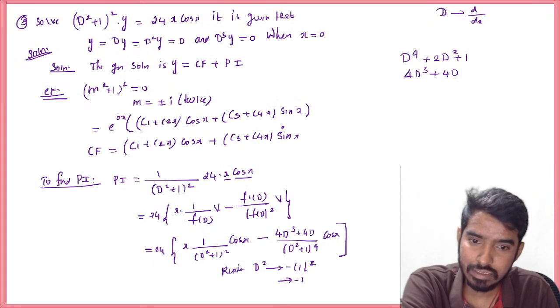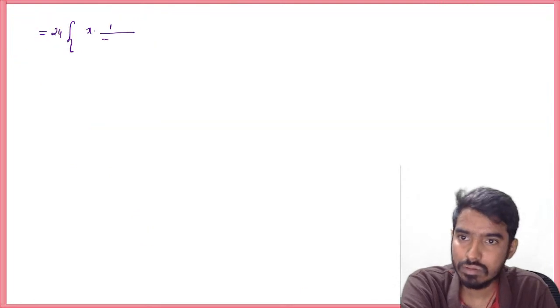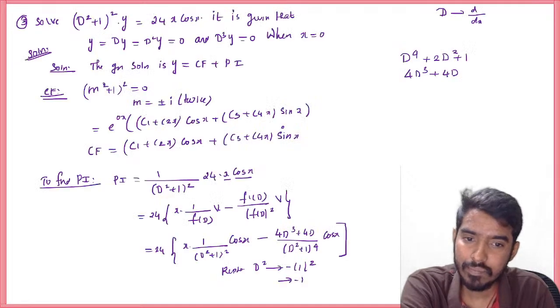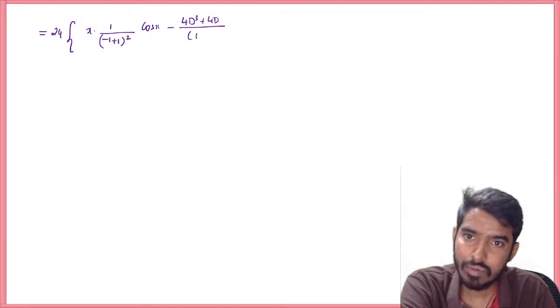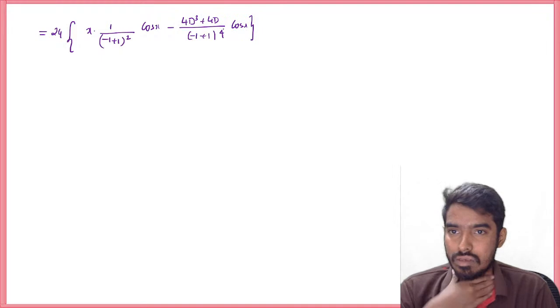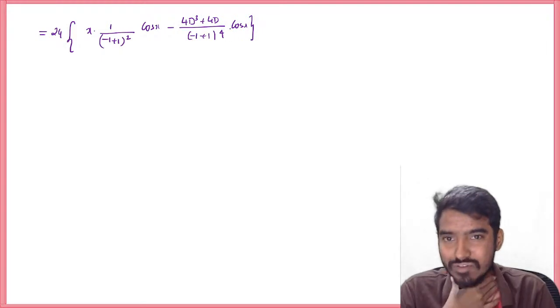That means minus 1 plus 1 will be 0 into cos x minus 4D cube plus 4D divided by, again, minus 1 plus 1 whole power 4 cos x. So that means it will take so much time, right?